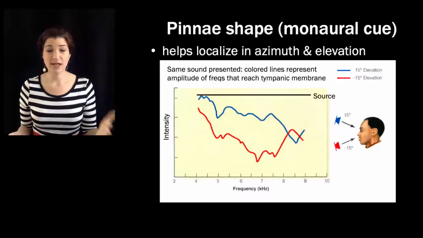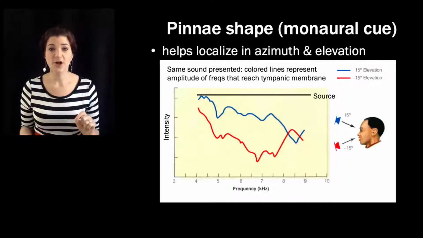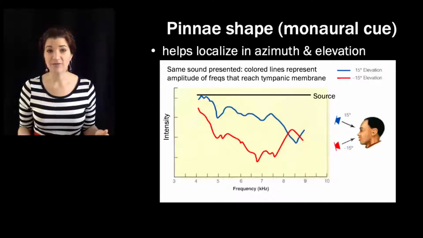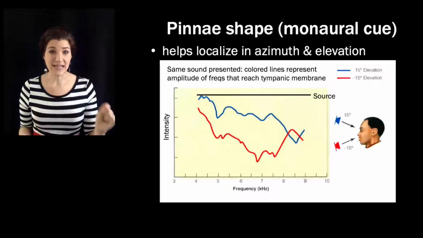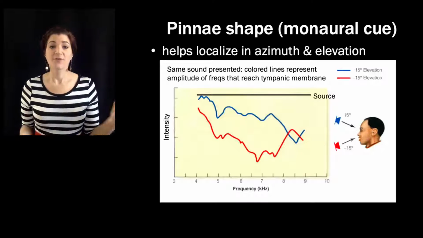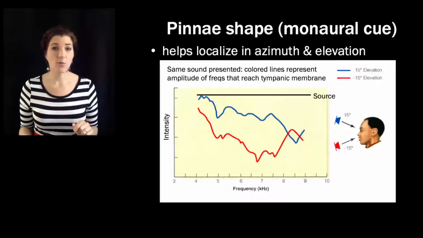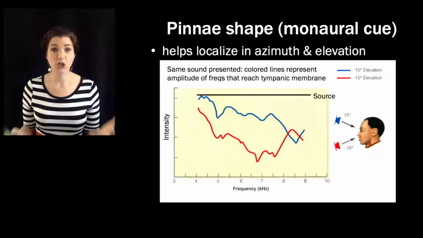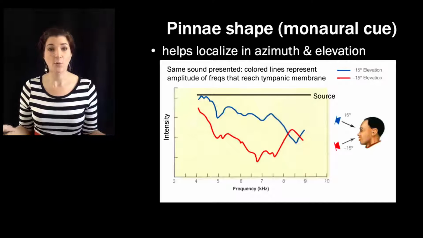If, however, the sound is coming from below the head, so this is the red line, the mid-range frequencies are the most reduced, and all of the frequencies are reduced more than if they had come from above the head. So what that means is that for the same exact sound, the frequencies that reach the tympanic membrane are different depending on where they came from. And over the course of our lives, we have unconsciously learned those patterns. We've learned that things sound different depending on where in azimuth or in elevation they are.